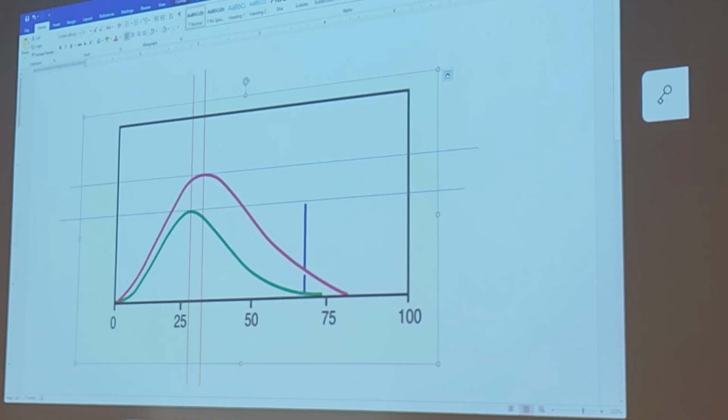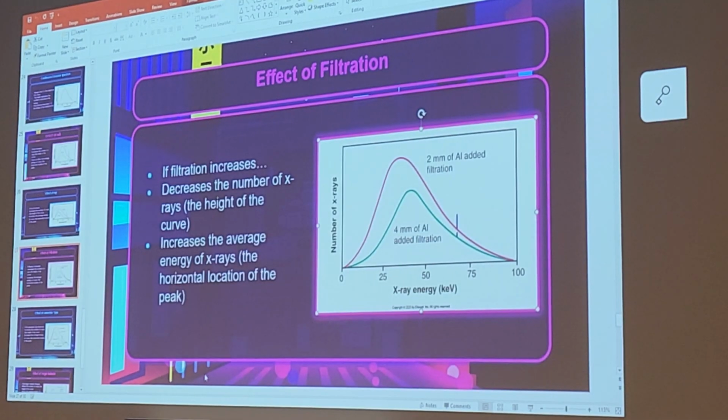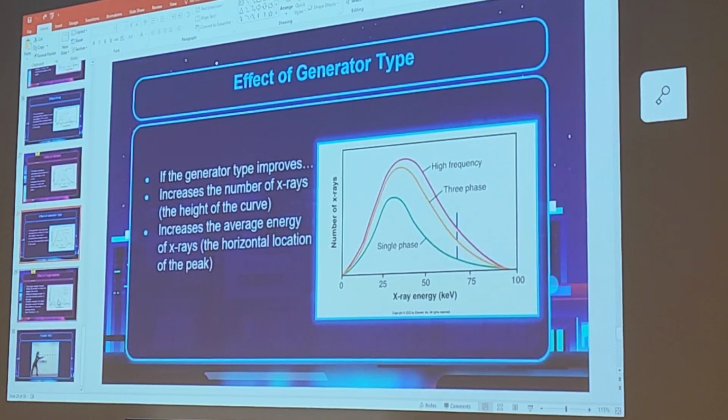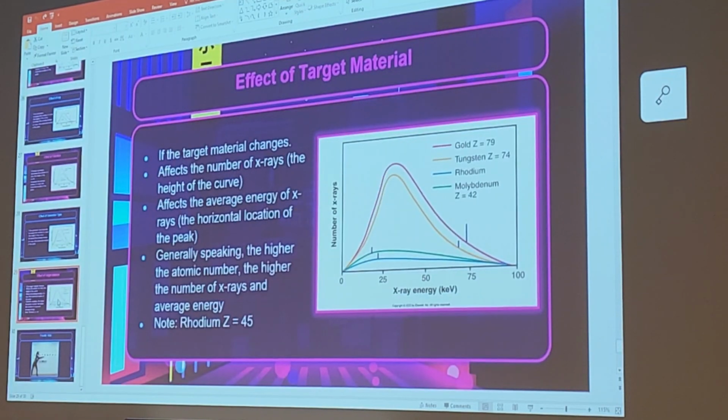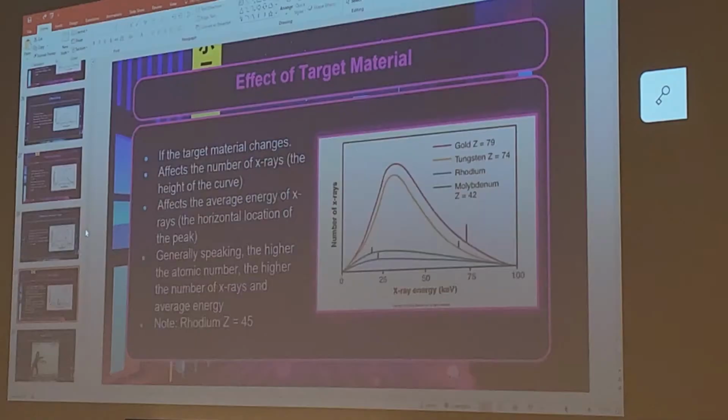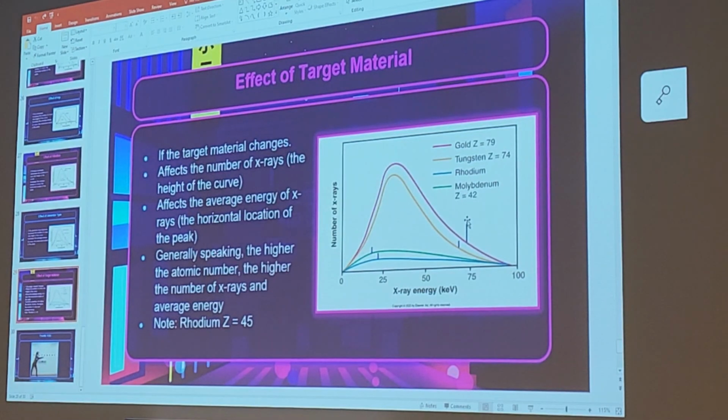If we switch back and look at our actual graph over here for target material, what do you see is going on with our characteristic? They're all in much different places. It's all over the place. You've got one here, one here, one here, one here. Why? Because each one has a separate amount they have to reach to make that. That's right.